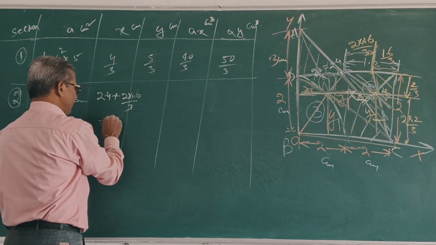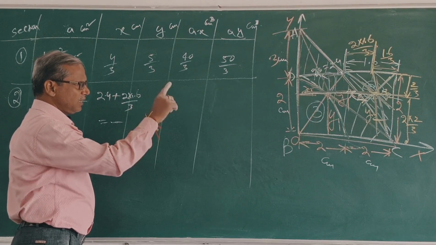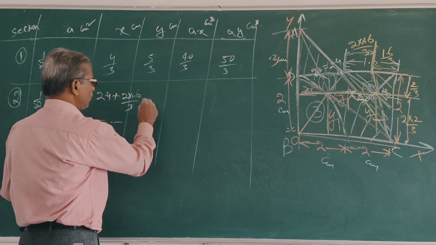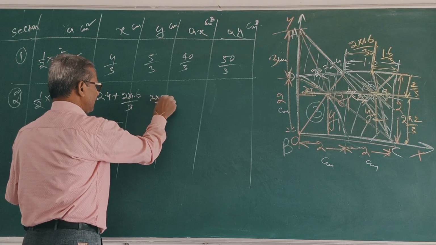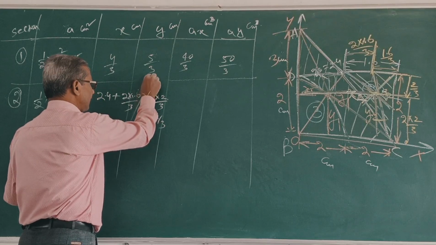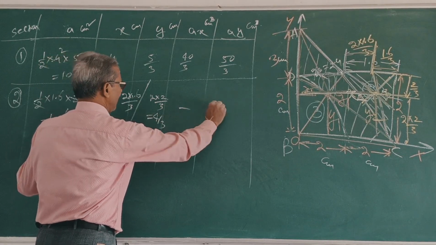So may calculate what is the answer. Similarly, y2. What is y2? 2 into 2 by 3. 4 by 3. Here, find x, find ay.